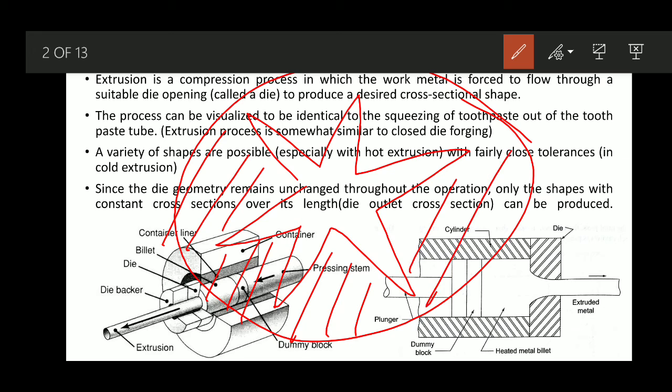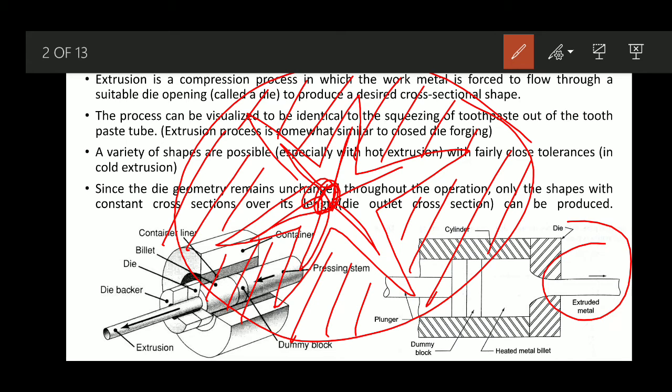The heated billet will pass through this star-shaped opening, and thus over the length you are going to get a star shape, a constant cross section. Similarly, whatever cross section you want, you have to make that kind of die.